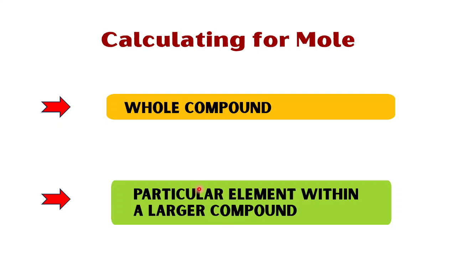If we are tasked to calculate for the mole in a whole compound, it only means the mole of the whole compound is what we look at. There are also sample problems later on where we are required to get the mole of a specific element that is embedded in a larger compound. We can also do that, which requires a different process, but it is the same as how we calculate the whole compound. We just tweak or add ratios later on in the last step.